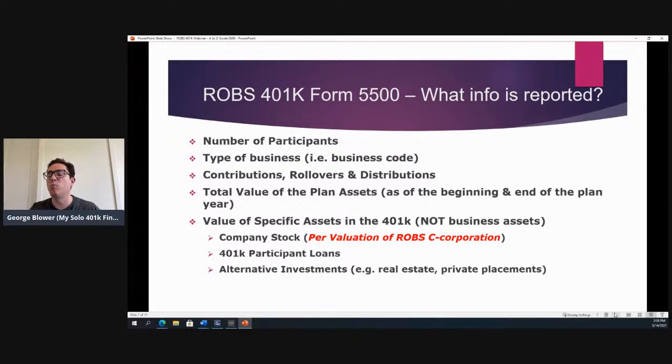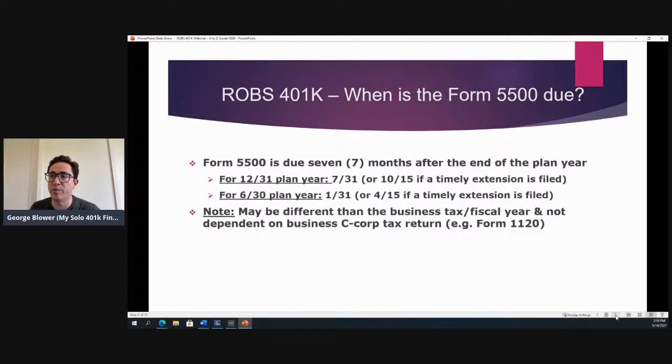Now, just to shed a little more light on the company stock, and we've got a lot of information on our website about the valuation, a third-party valuation would be used to determine the value of the company stock as of the end of the plan year. And we facilitate that valuation as part of our services and just as part of our annual fee for our 401k business financing clients.